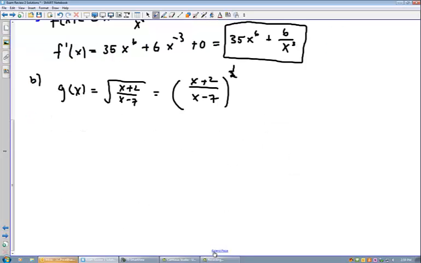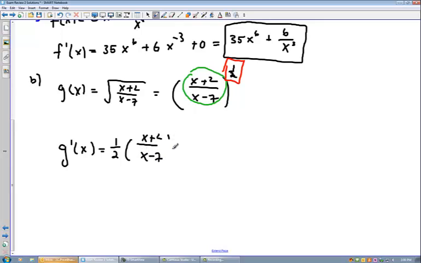And then when I look at this, hopefully you see there's going to be a quotient rule, but it's not the first rule you apply, because a quotient rule only applies to this inside part. It's actually a chain rule you're going to apply first, because there's an inside and an outside, and that rule will involve everything. So I'll apply the chain rule, identify inside and outside, and then g prime of x is equal to the derivative of the outside, the 1/2 comes down, x plus 2 divided by x minus 7 to the negative 1/2 times the derivative of the inside.